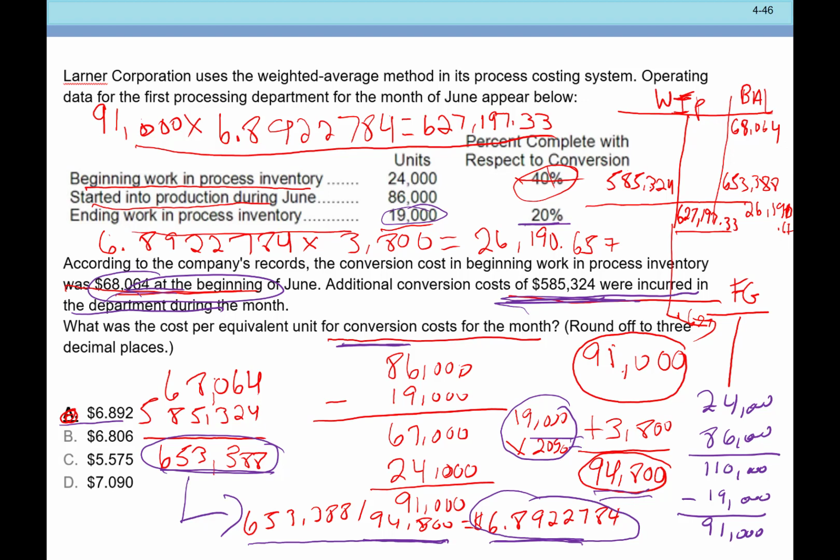So I took that number and multiplied it by 91,000, which was the units I know have been transferred out, because I had to calculate that 91,000.